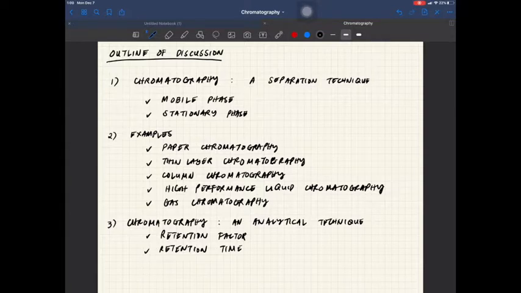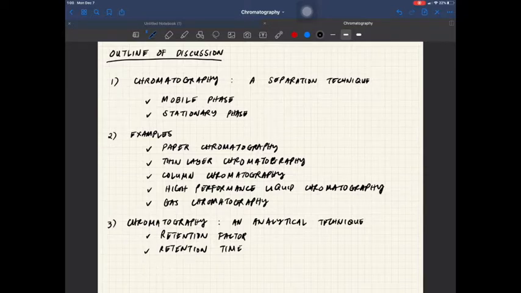The following is the outline of discussion for our topic tonight. First, I'm going to discuss chromatography as a separation technique. I'll be defining the terms mobile phase and stationary phase, and I will give some examples of chromatographic techniques such as paper chromatography, thin layer chromatography, column chromatography, high performance liquid chromatography, and gas chromatography.